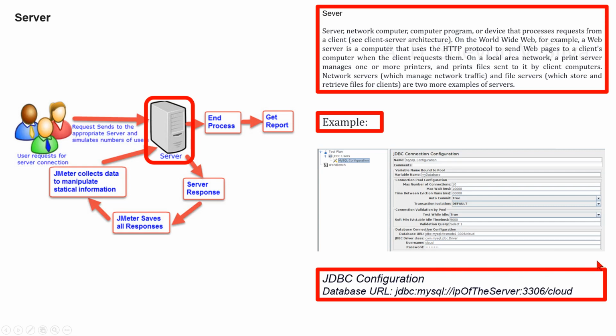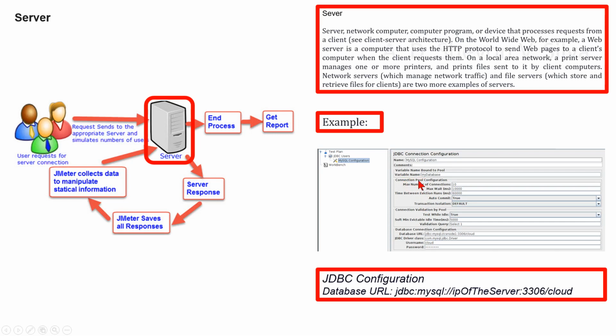JMeter creates a database connection pool with the configuration settings as specified in the control panel. The pool is referred to in the JDBC request in the variable name field.